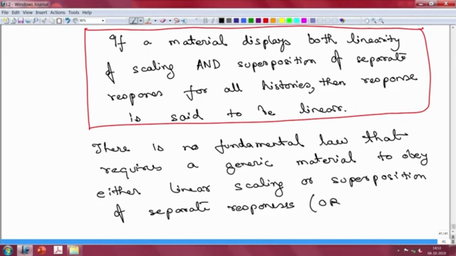Or both. Obviously, if there is no law which requires it to hold for either one, then it is even more implausible that it is going to hold for the other one.